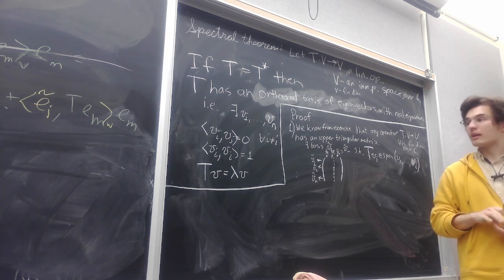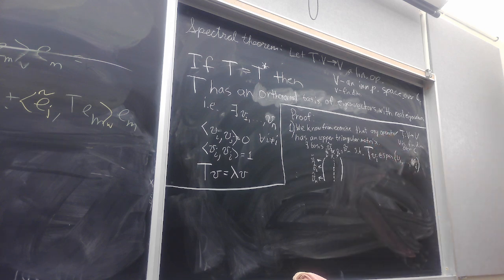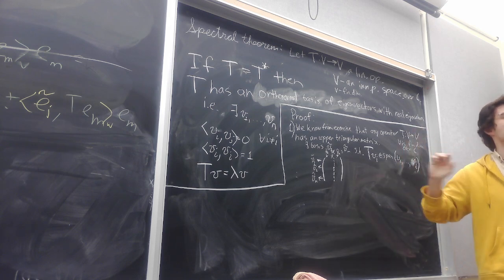Okay. So this is a fact that we did in the exercises, that for any operator over a finite dimensional vector space V, which is over the complex numbers, there is a basis in which the matrix is upper triangular.